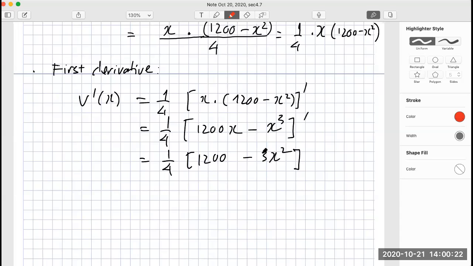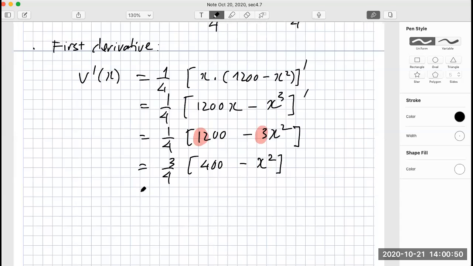It means that we can factor 3 out. When we factor 3 out, this becomes 3 over 4. This one becomes 400 minus x squared here.